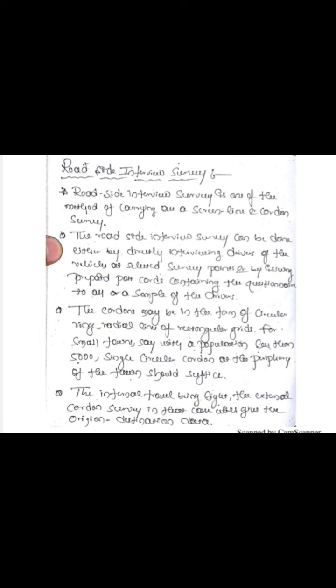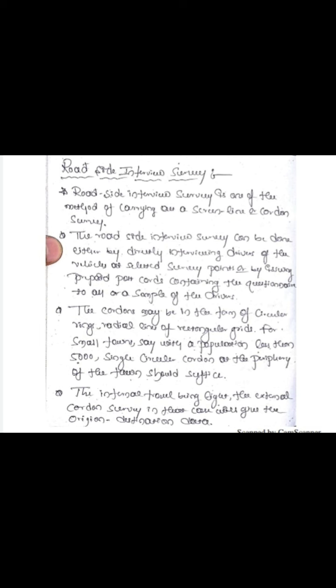Consider there are 10 vehicles, then one vehicle can be selected. Depending on peak hours and non-peak hours, the roadside interview will be carried out for any type of vehicle. These cardinal lines may be circular rings with radial lines, or a rectangular grid.